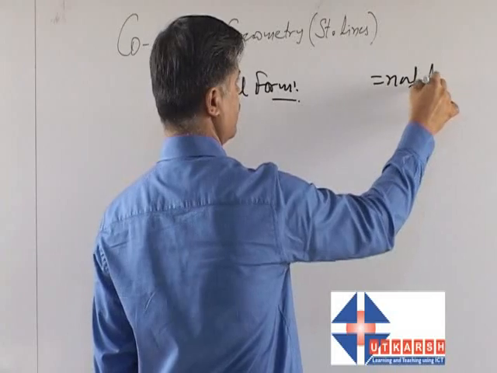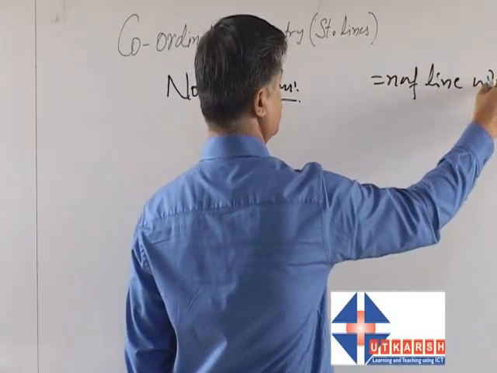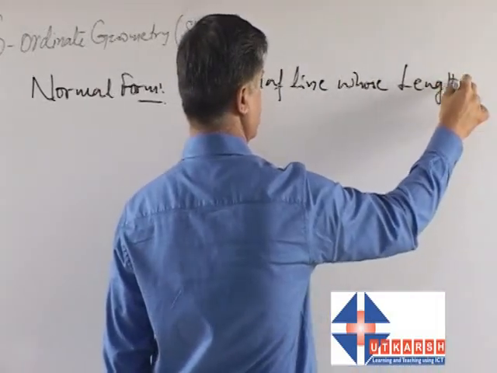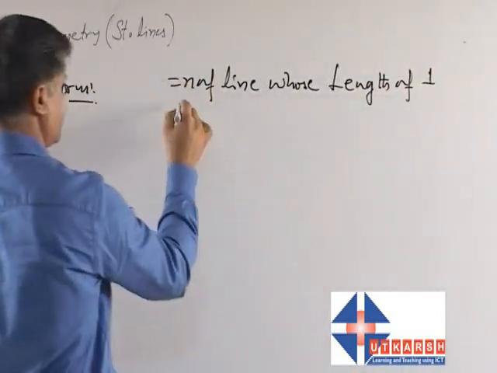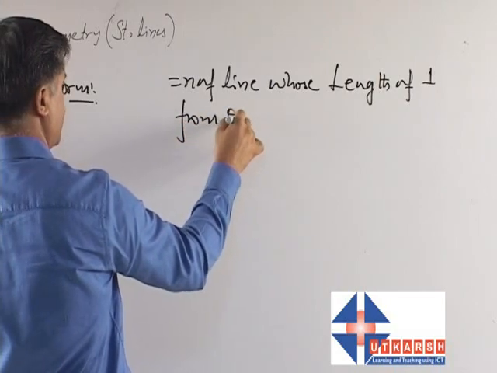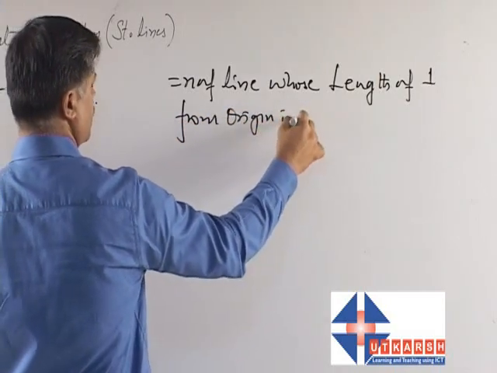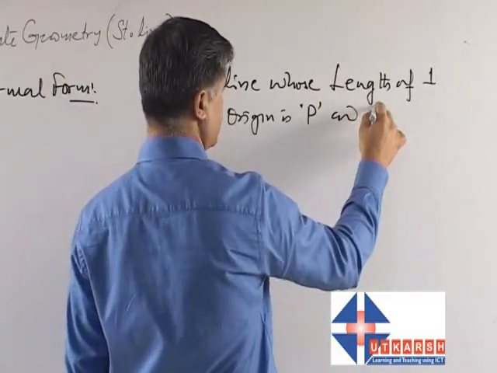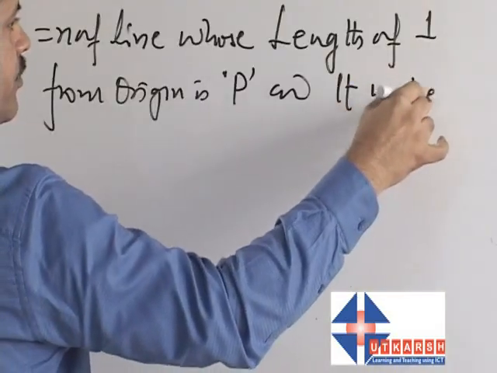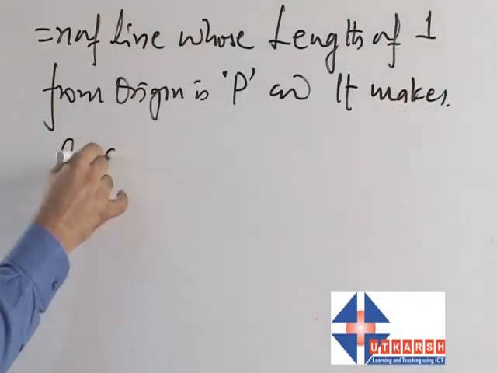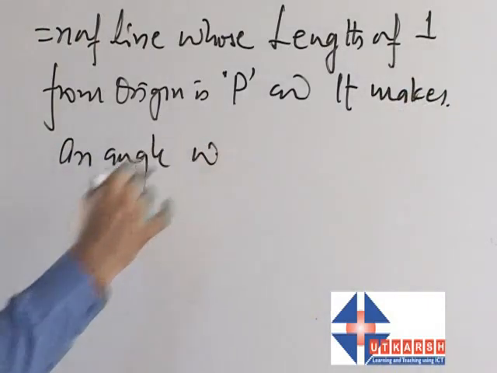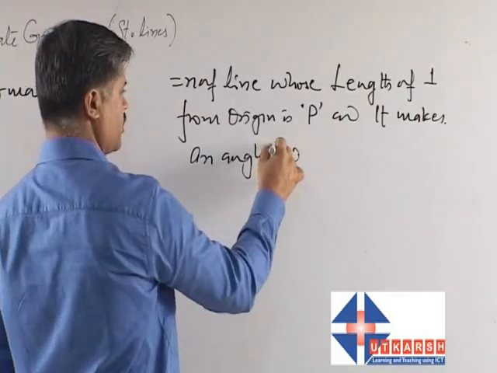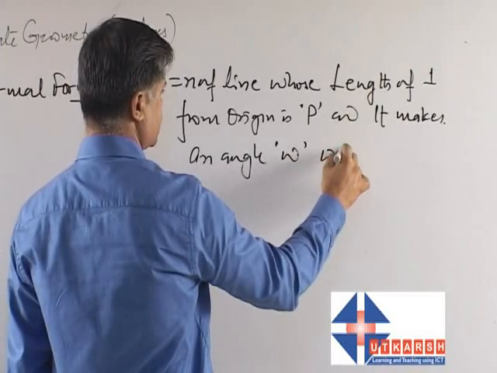Equation of line whose length of perpendicular from origin is p and it makes an angle omega. You may take the letter omega or alpha or beta, but generally they are using omega with x-axis.